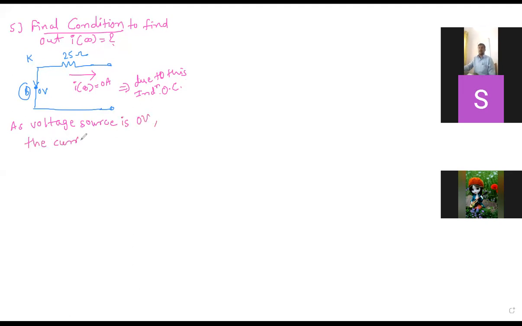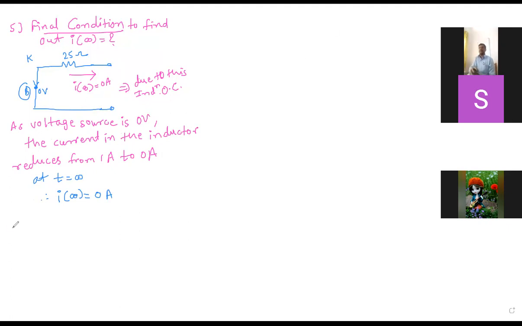The current in the inductor reduces from 1 ampere to 0 ampere. Okay, therefore you can write like this: at t is equal to infinite, the current in the circuit, that is I of infinite, becomes what? 0 ampere.